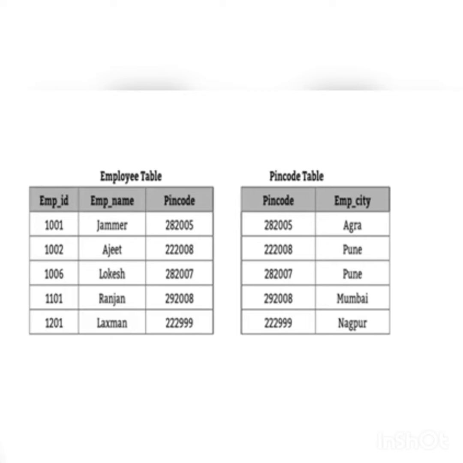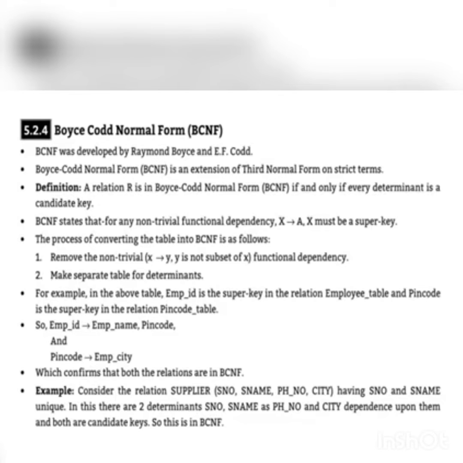Okay, so employee ID determines employee name and pin code determines employee city, which confirms that both the relations are in BCNF, that is Boyce-Codd normal form. Take another example.